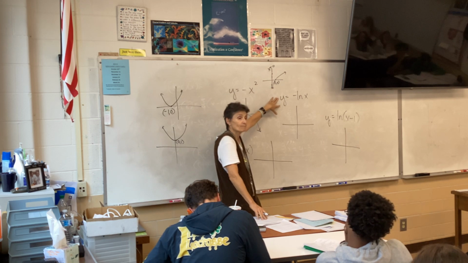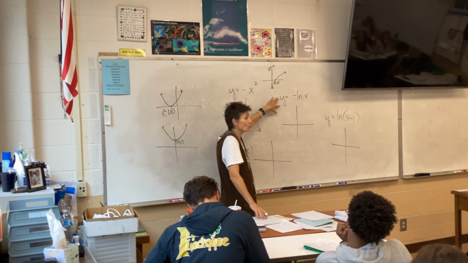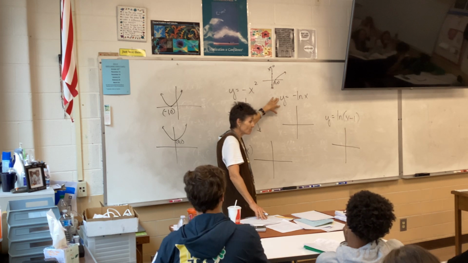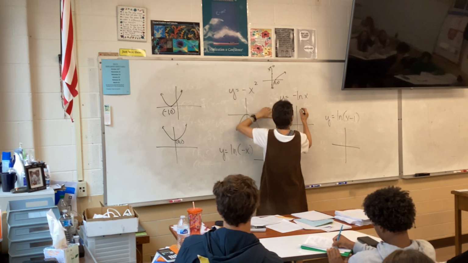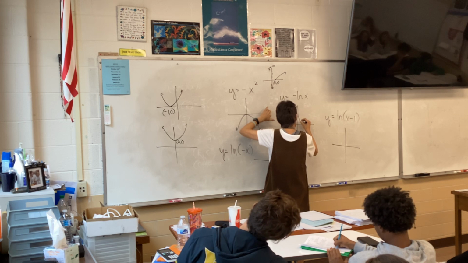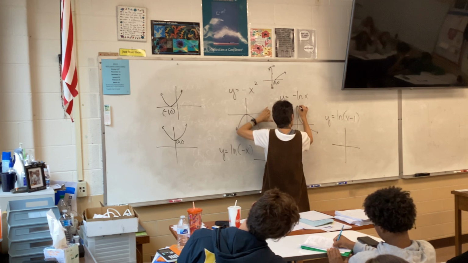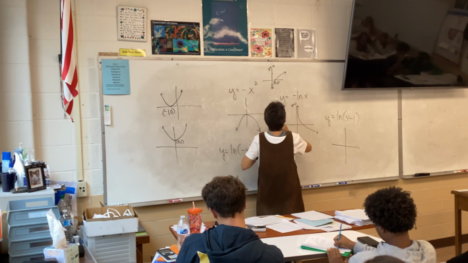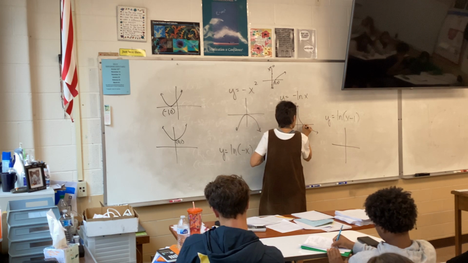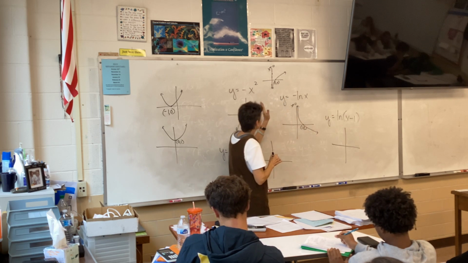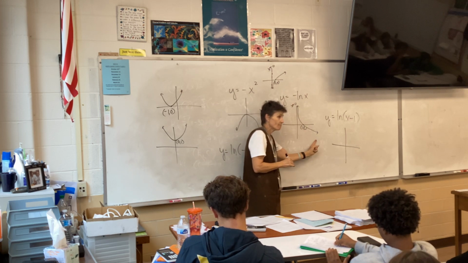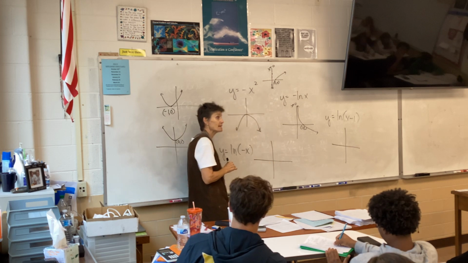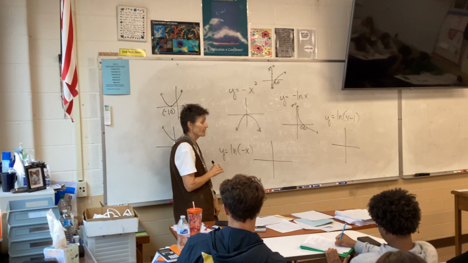What happens here? It's reflected over the x-axis. Over the x-axis, it's turned upside down, right? So if I take this and turn it upside down, won't it look like this? The asymptote's the same, the intercept's the same, but now, instead of being an increasing function, it is going to be a decreasing function. It's turned upside down, going the opposite direction.